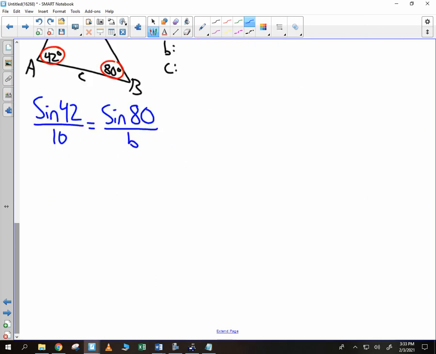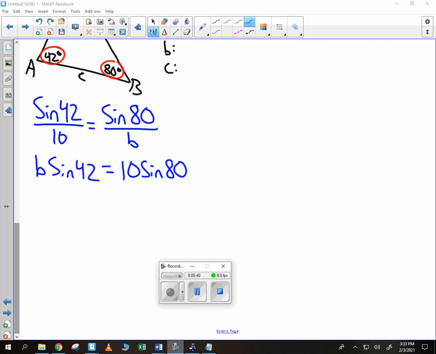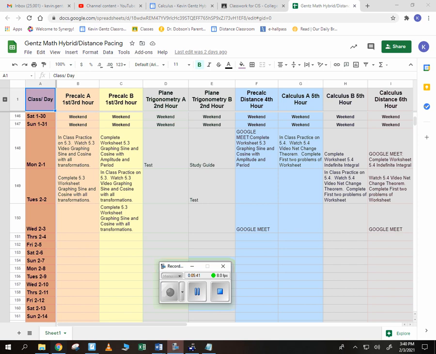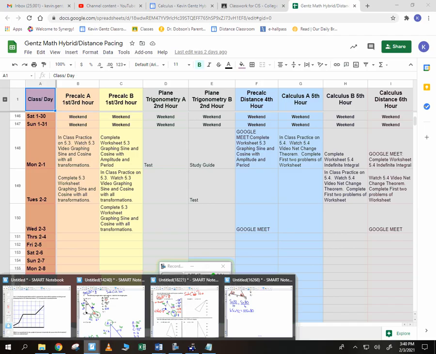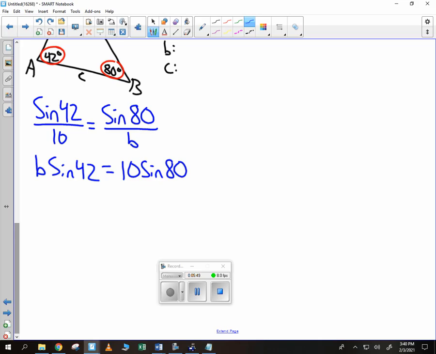If you cross multiply, you get B times the sine of 42 is equal to 10 sine of 80. Once I'm at that point, I could cross multiply. All right, so sorry, I'm mixing up, folks. Sorry about that. Let's go back here. Okay, so we got B sine of 42 is equal to 10 sine of 80.